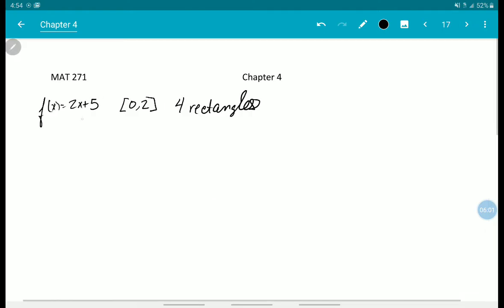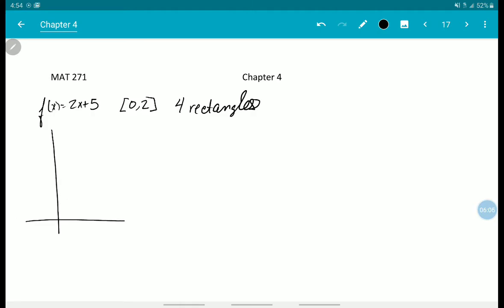So let's draw a picture. Let's start by drawing a picture of what this is going to look like. So we have 2x plus 5. We're going from 0 to 2.